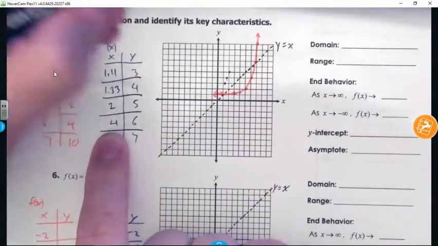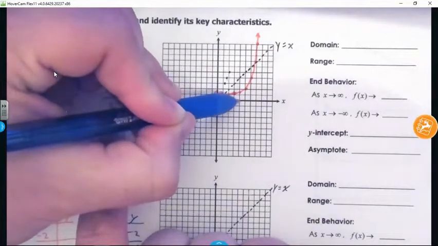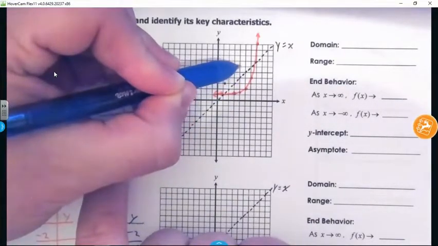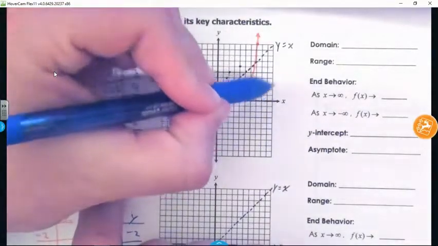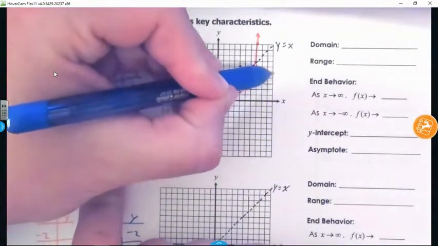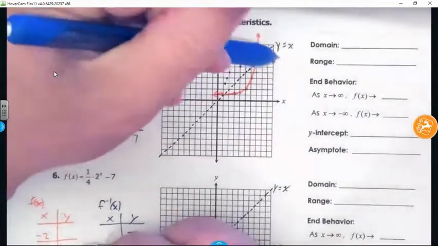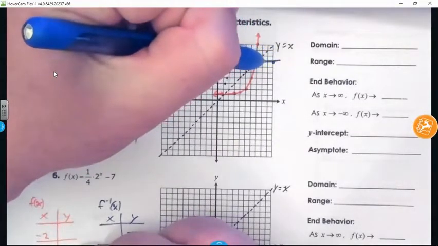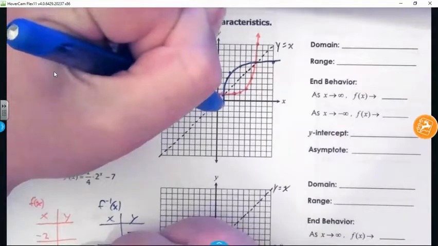We have 4, 6. And then we have 10 and 7. So this graph starts over here and works its way down.